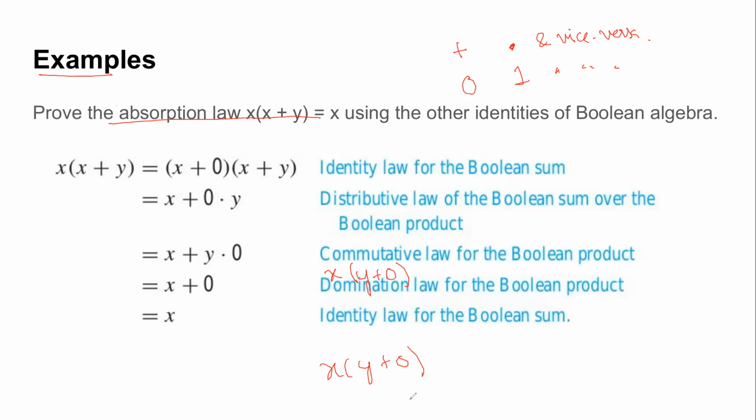Remember, wherever there is a 0, replace by 1. Wherever you see a product, you replace by sum. So we can start right from here. We have x, we have a Boolean product here, which can be replaced by a sum. Then we have a Boolean sum here, which can be replaced by a Boolean product. And finally, you have a 0, which can be replaced by a 1.